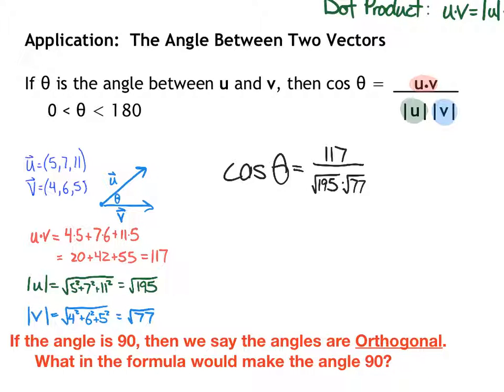Couple of things with this. Please be careful when you're putting this into your calculator. If you put 117 divided by radical 195 times radical 77, what's going to happen? It's going to divide by 195, and then multiply by the radical 77.